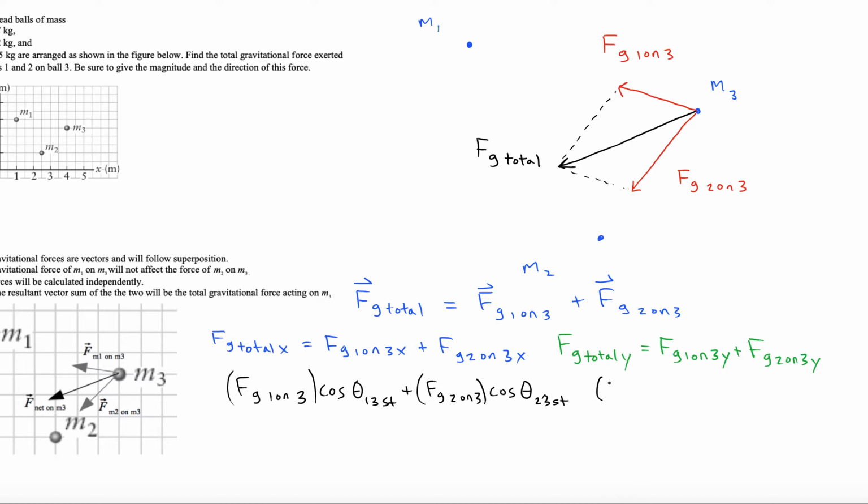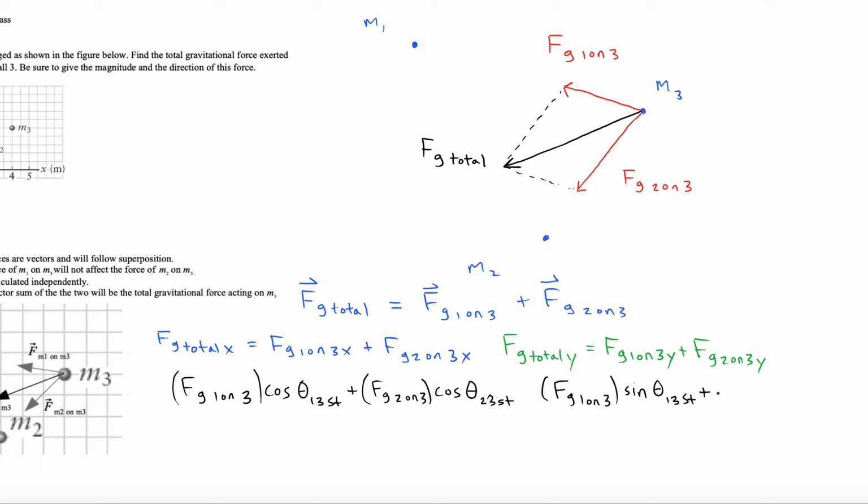Okay, for the y components, we'll need Fg1 on 3 magnitude, and we'll do the sine of theta 1 on 3 in standard position. And finally, Fg2 on 3 magnitude times the sine of the angle of that vector in standard position.